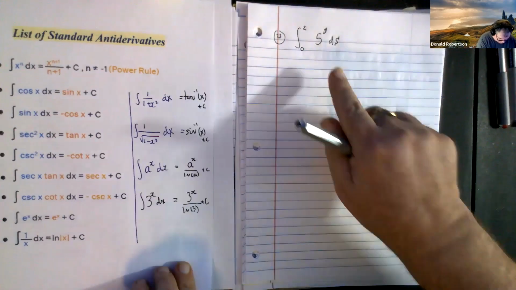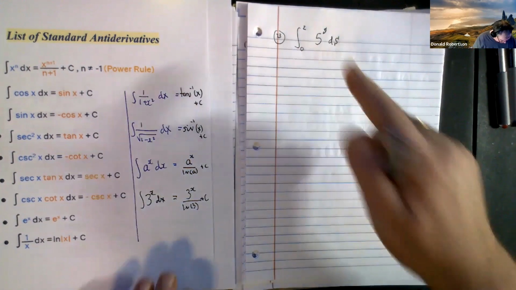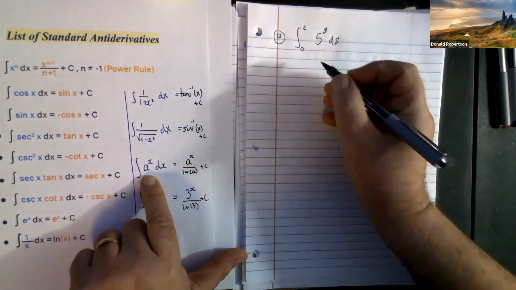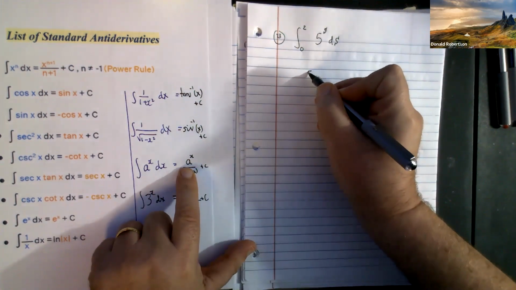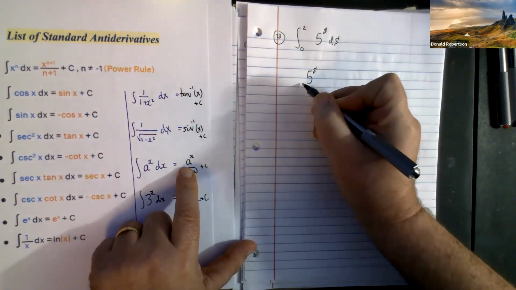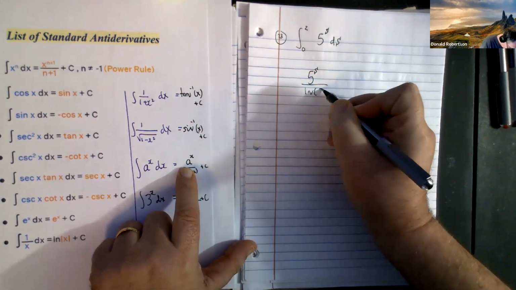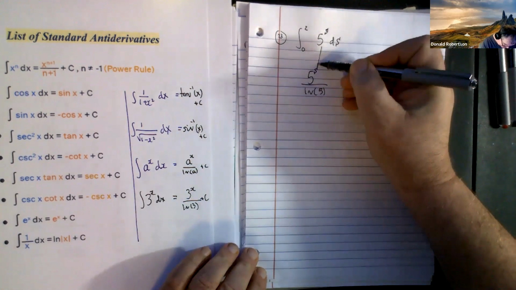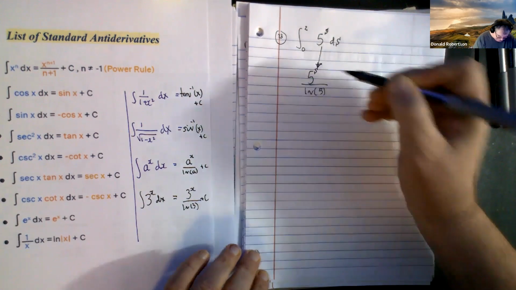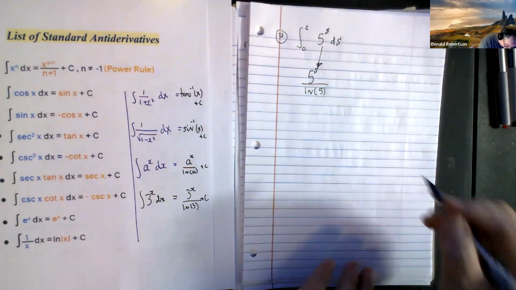So I need to find the antiderivative of 5 to the power of s. So it's basically this guy. It's 5 to the power of s all over the natural log of 5. That guy here is the antiderivative of 5 to the s.